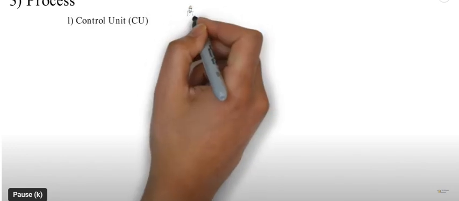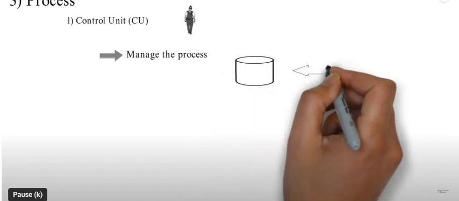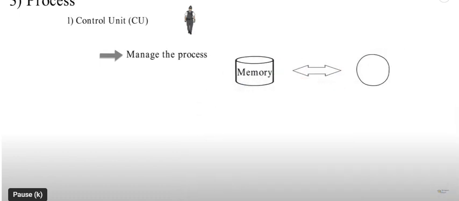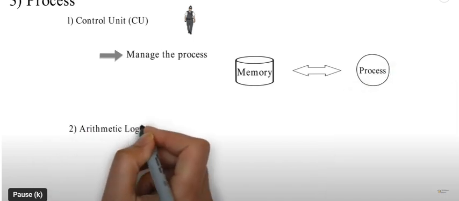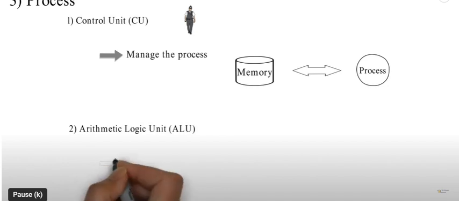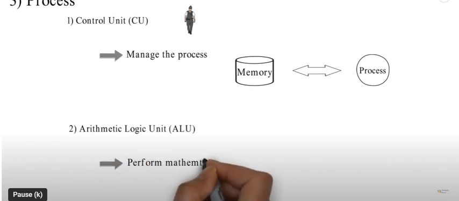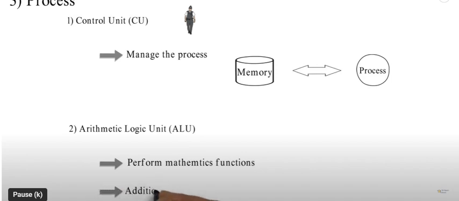The first one is the control unit, which is like a traffic cop. It controls and manages the process and the input and output. The control unit fetches and stores data to and from the memory. The second one is the arithmetic and logical unit. The role of the arithmetic and logical unit is to perform mathematical calculations like addition, subtraction, multiplication, division, etc.